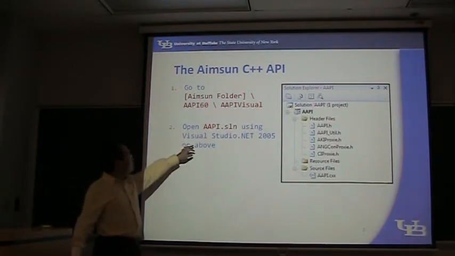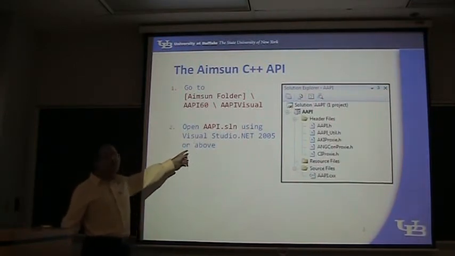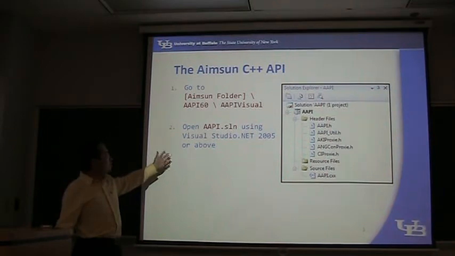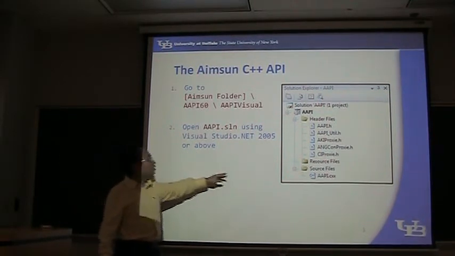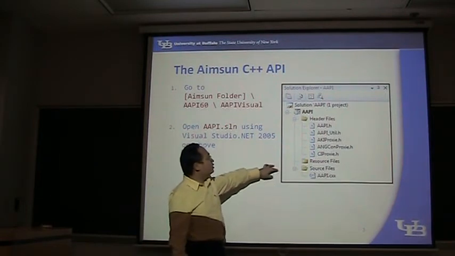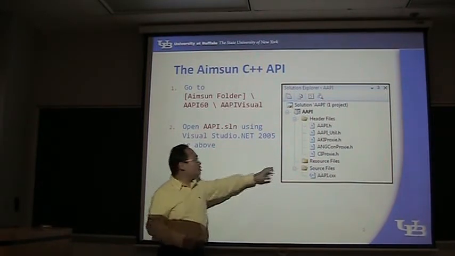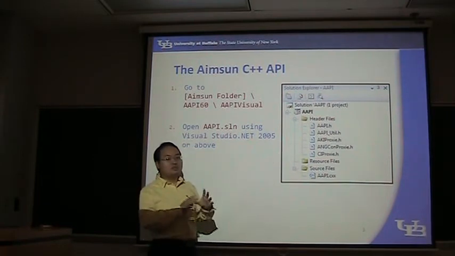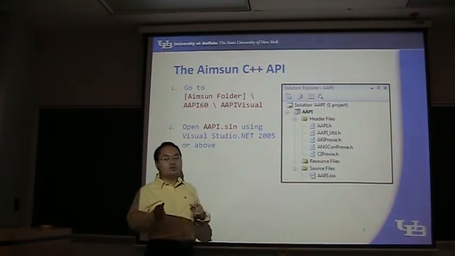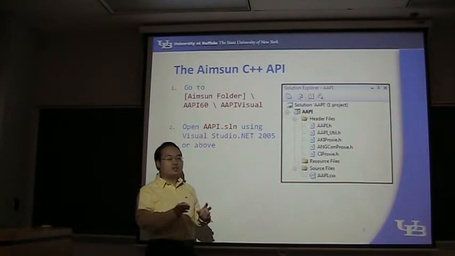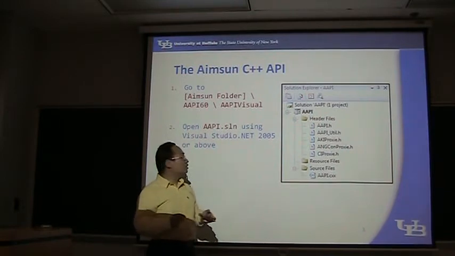Now, if you open a solution file called AAPI.sln using Visual Studio.net 2005 or above, you will see in the interface a Solution Explorer. Solution Explorer is an explorer of all the files in the solution. So it's like the Windows File Explorer.